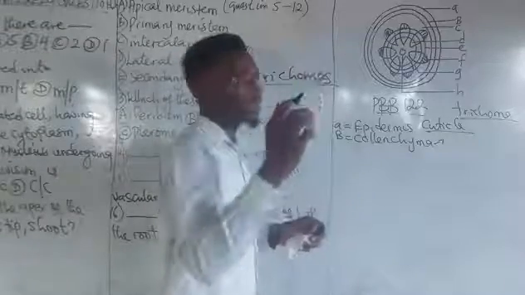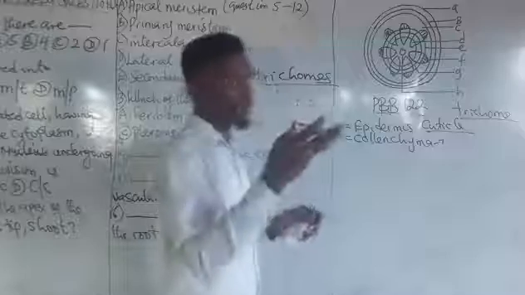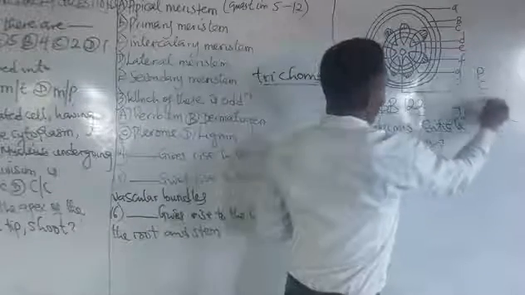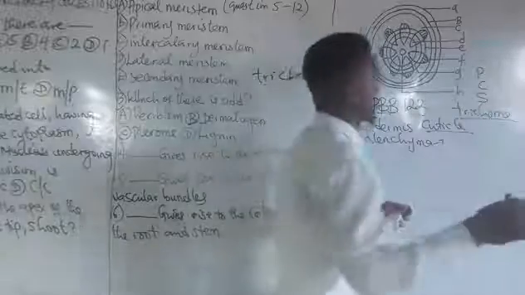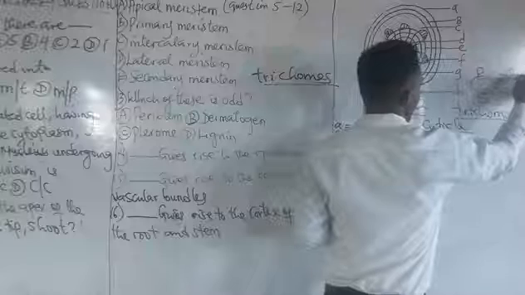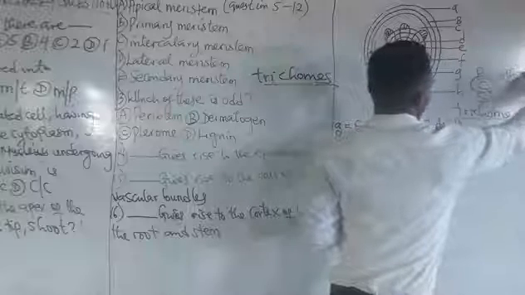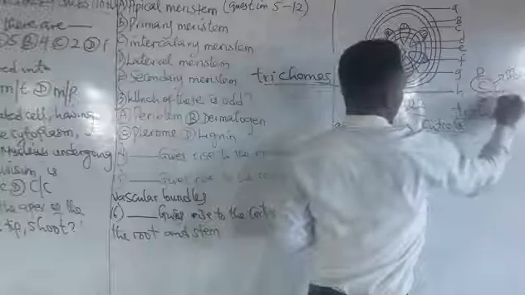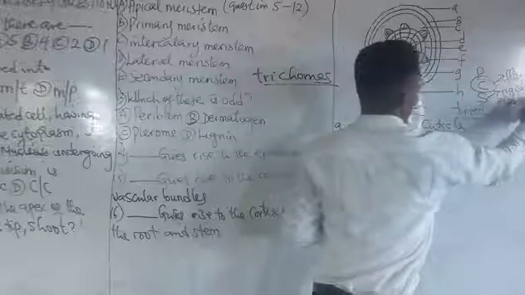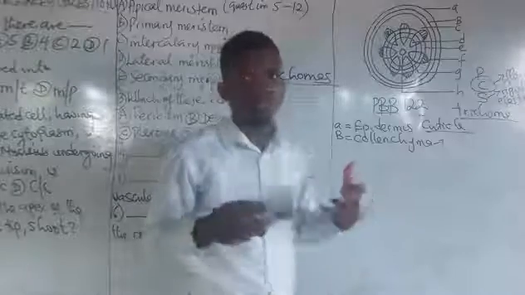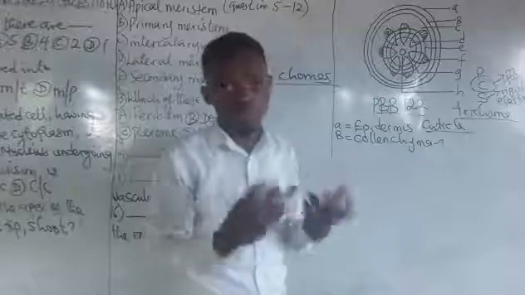We have three simple tissues: the parenchyma, the collenchyma, and the sclerenchyma. Please note, I think I made a mistake just now. The collenchyma provides flexibility, please. It is the sclerenchyma that provides rigidity and what? Elasticity. Parenchyma enhances food manufacturing and stores food.